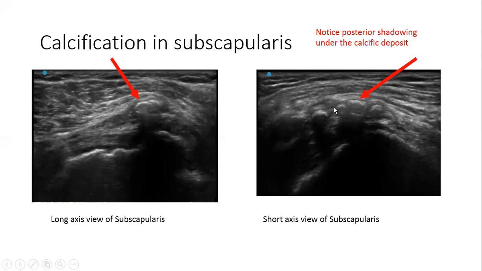It's possible that some areas are less calcified, like there's less deposit than others. But you can see all of them are causing posterior shadowing to a certain extent, right? So it doesn't follow a specific shape. Calcium deposit can be irregular. It may not have a nice flat smooth surface.